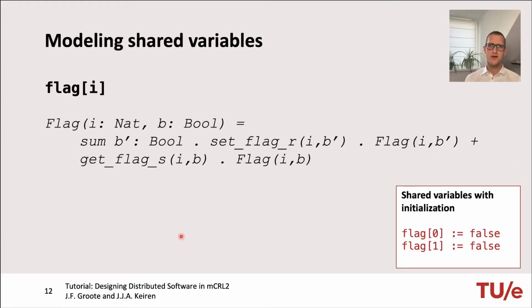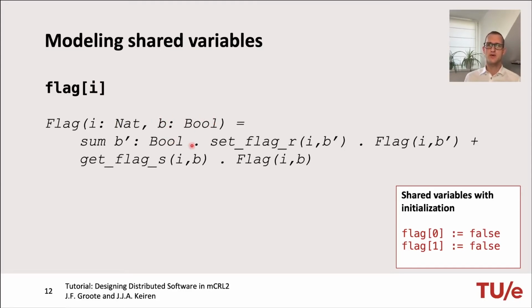Let's first focus on how we can model the shared variable. For that, we need to decide what type of shared variable we have here. And we are going to assume that the shared variables are atomic. So in that case, we can model the flag as a process where I simply keeps track of the identity of the variable and B keeps track of the current value of the variable.